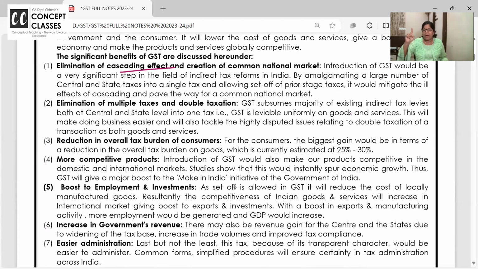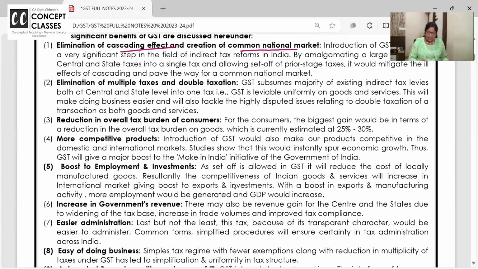One nation, one market, one tax. A lot of small taxes are subsumed: CST and excise duty, which was there for every manufacturer, and octroi, and so many other taxes. We'll see the list. Elimination of multiple taxes and tax on tax, overall reduction.